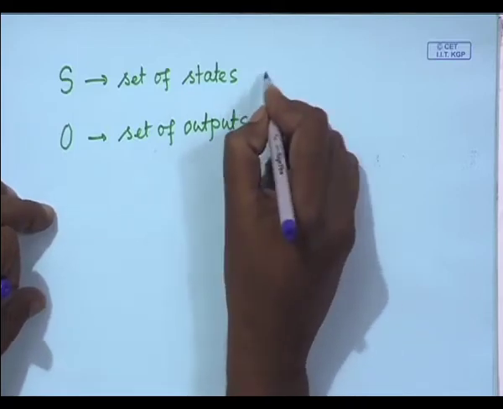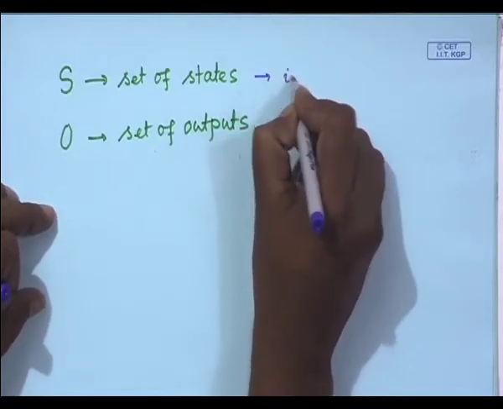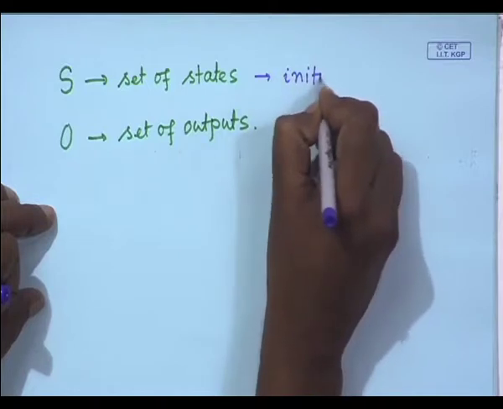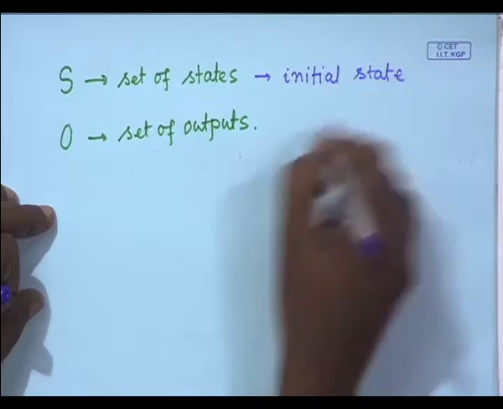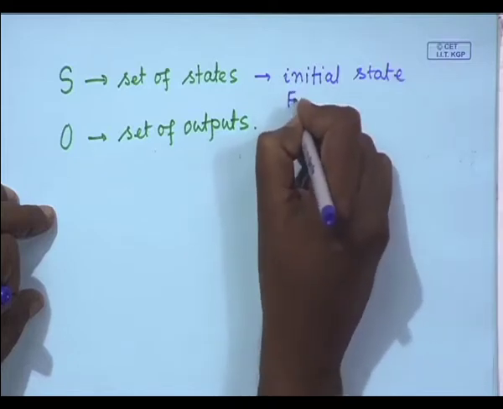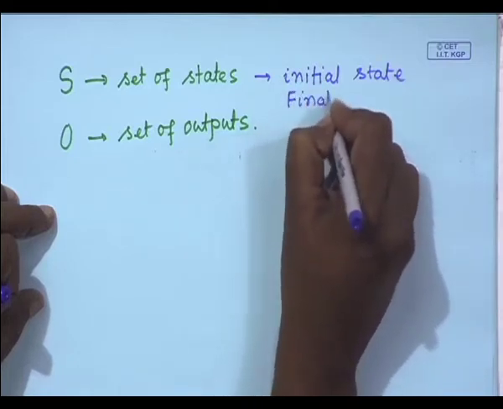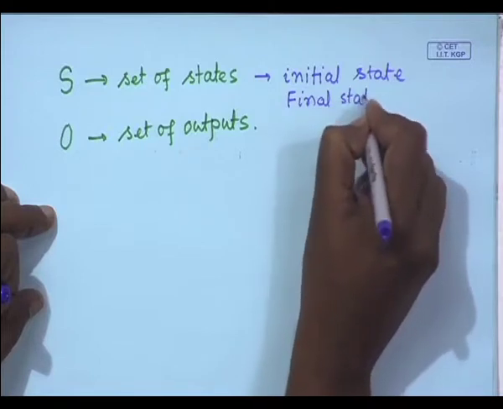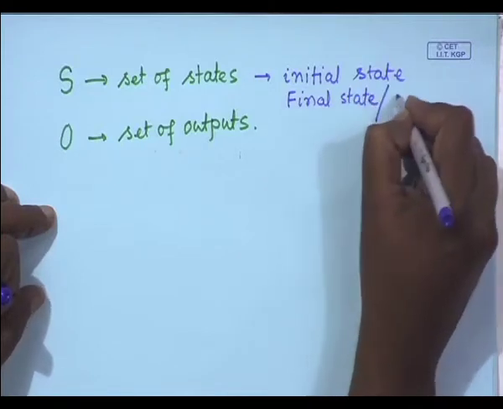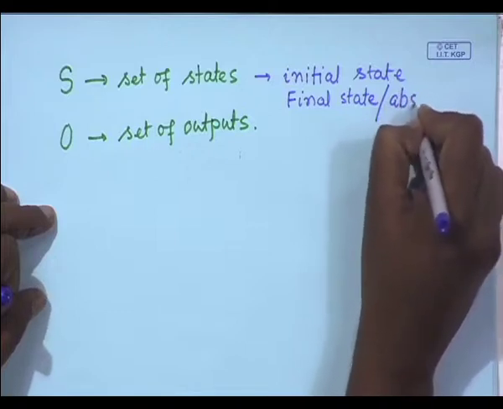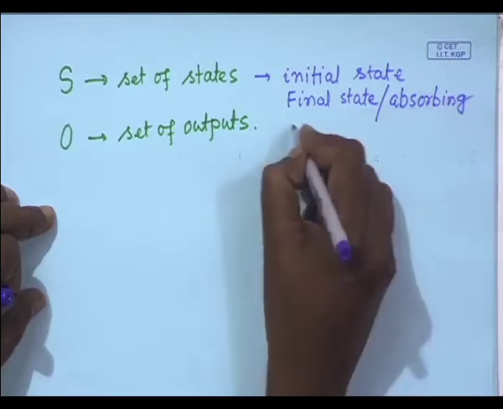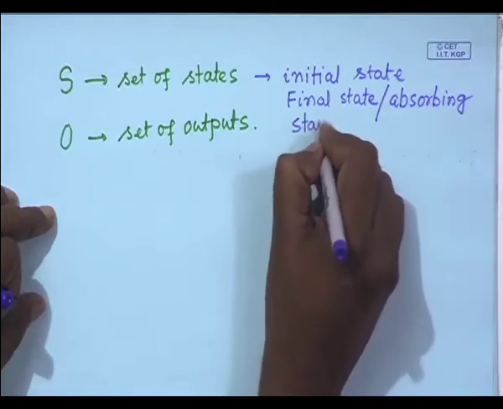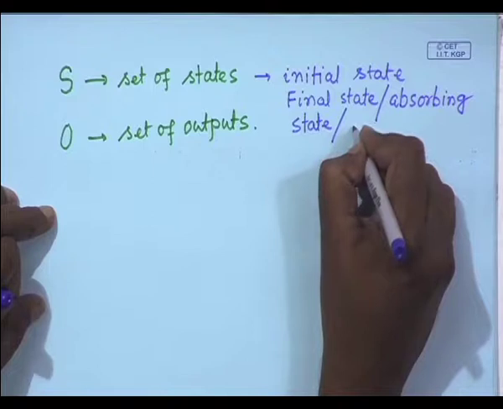So, out of these sets, one state is an initial state and one state is a final state, or it may also be called an absorbing state, or accepting state.